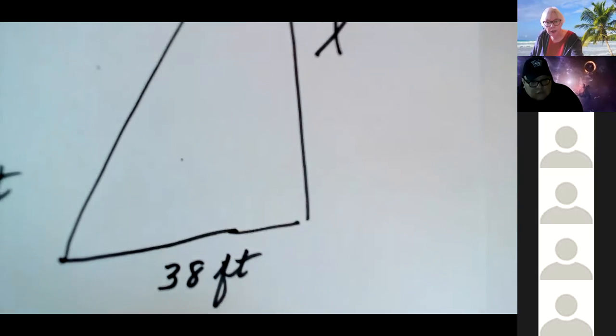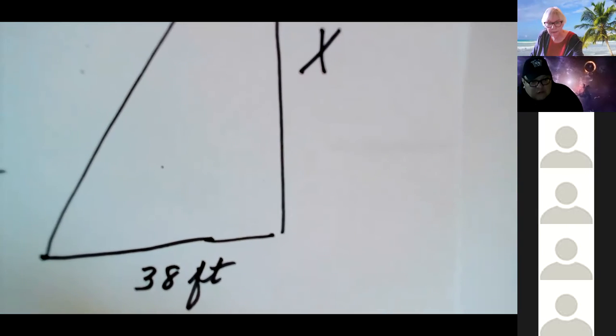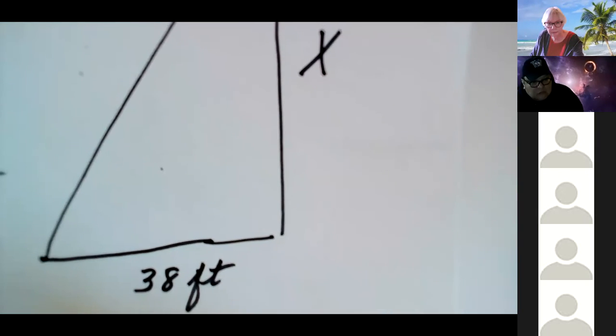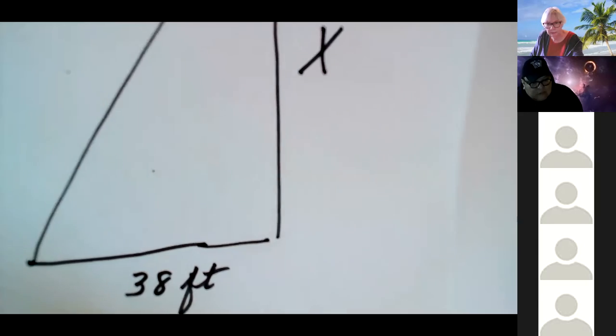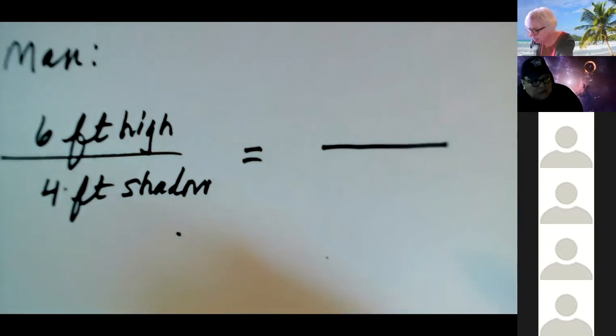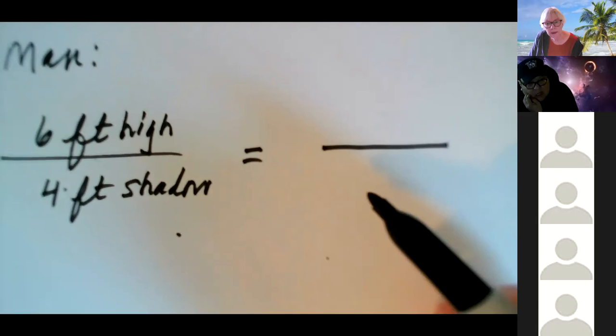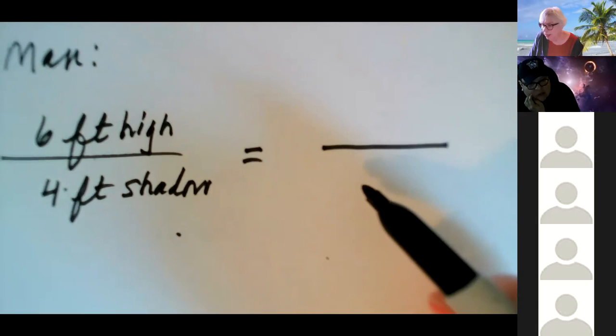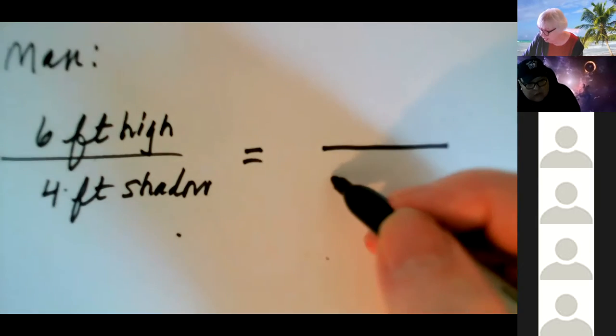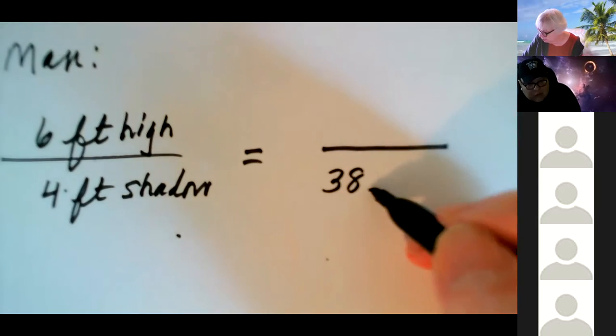I'm going to bring back the picture. Feet. What is that? It's going to be feet. Oh, okay, I gotcha. But the number they gave us was the shadow, and the shadow was 38 feet. It has to go here.